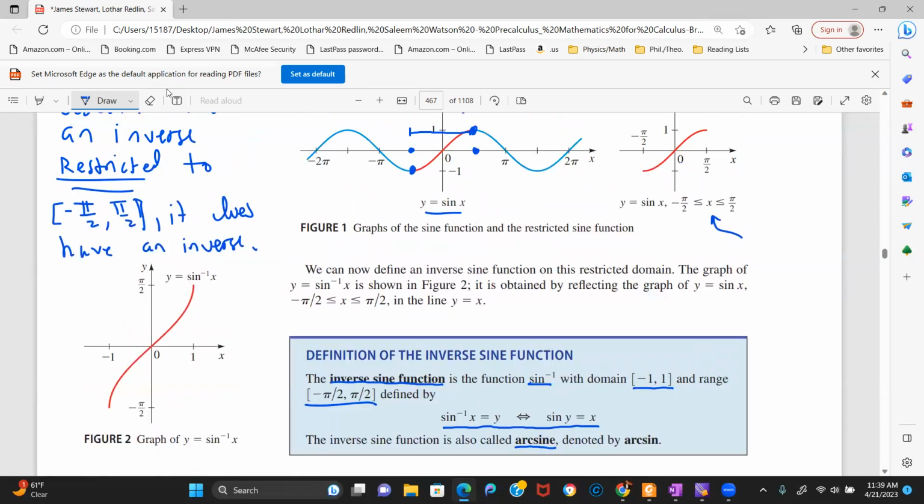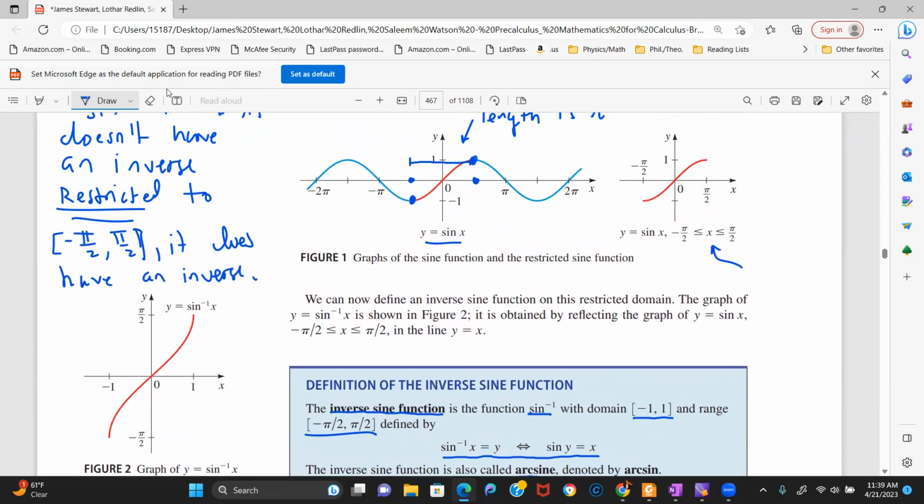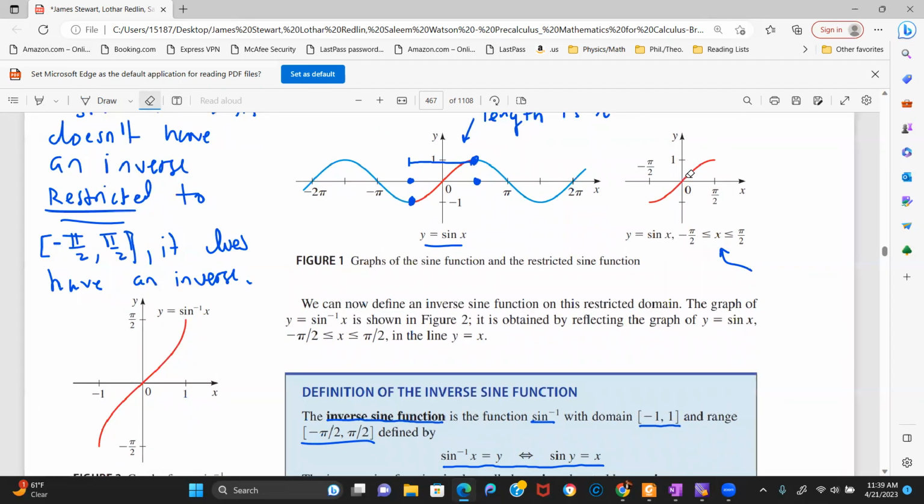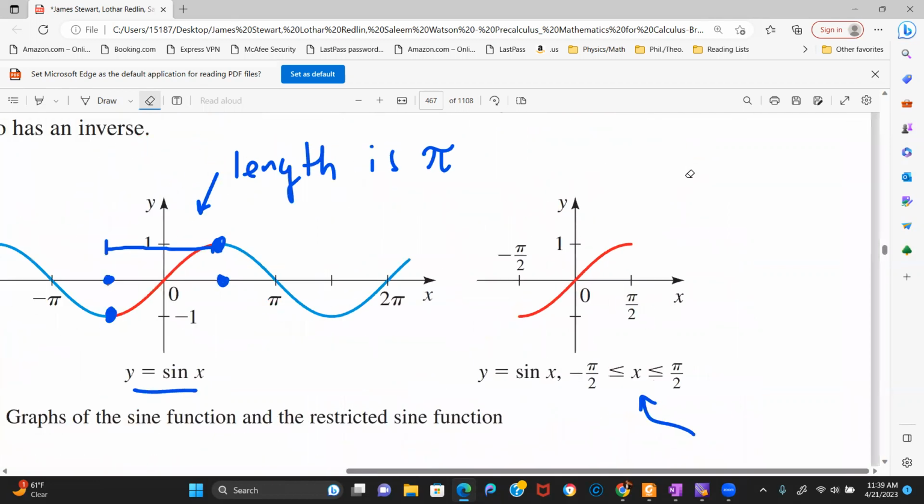Because what you do is you take this graph and you get this diagonal line. It's not that great. Let's see if I can do better. So you get this diagonal line, and you're going to reflect it over it.